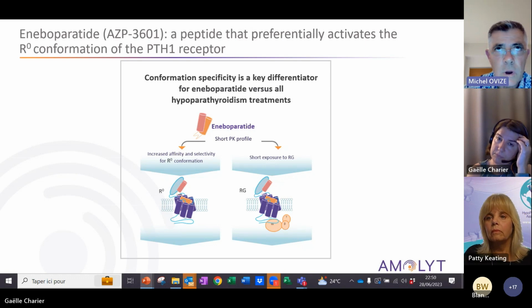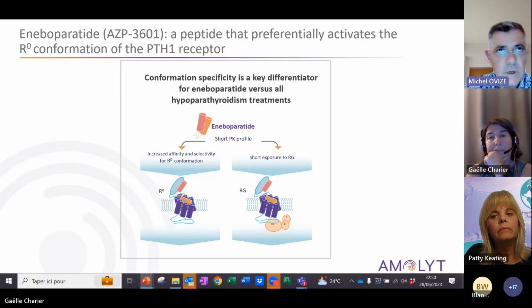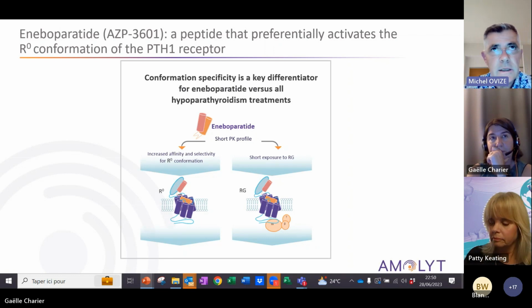So you want a drug that is hopefully reducing urinary excretion of calcium, therefore preventing the development of chronic disease. And as we have seen before in the phase 2 study, our drug has a strong effect to prevent hypercalciuria. So basically, the idea is to not be harmful on the bone and to be protective on the kidney side.